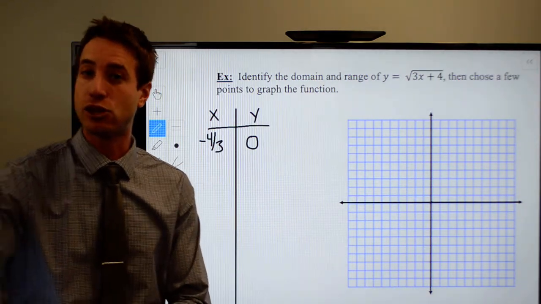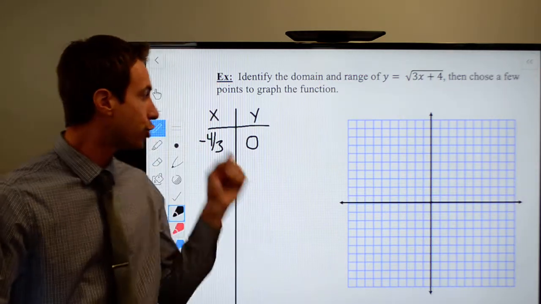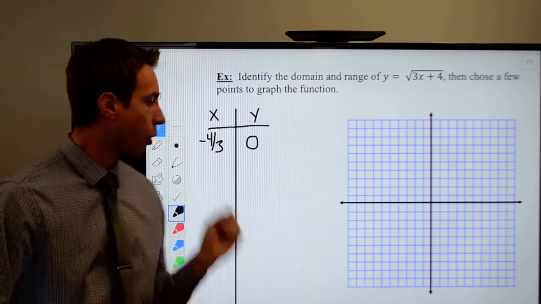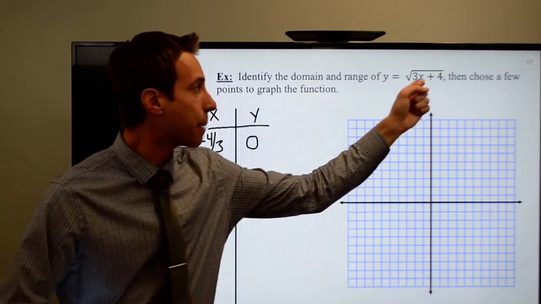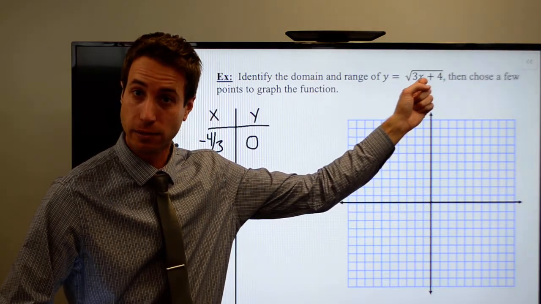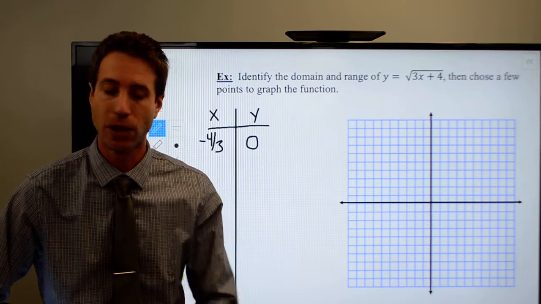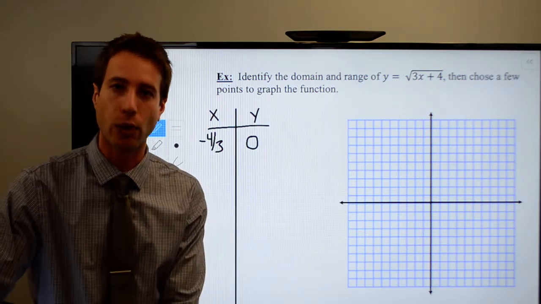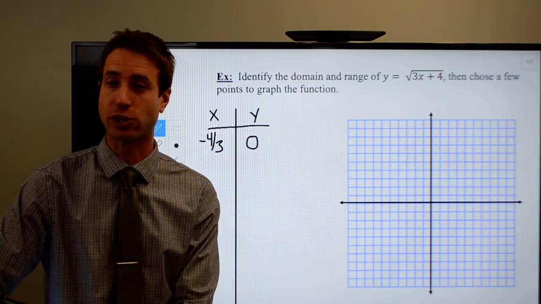But here's the issue that you would run into. What if you chose x equals a positive 1? Well, let's check it. I plug a positive 1 in for x. 3 times 1 is 3. 3 plus 4 is 7, and you'd have to take the square root of 7, which is not a perfect square.